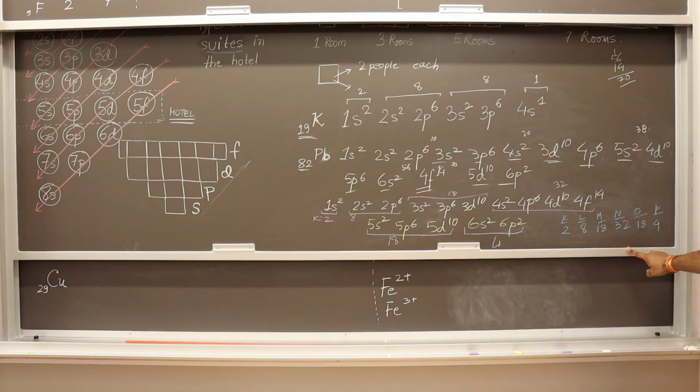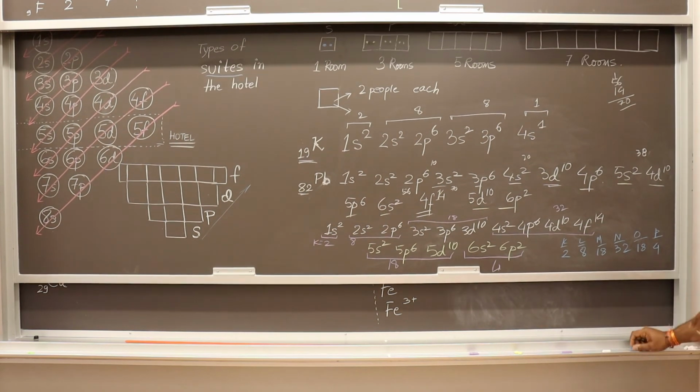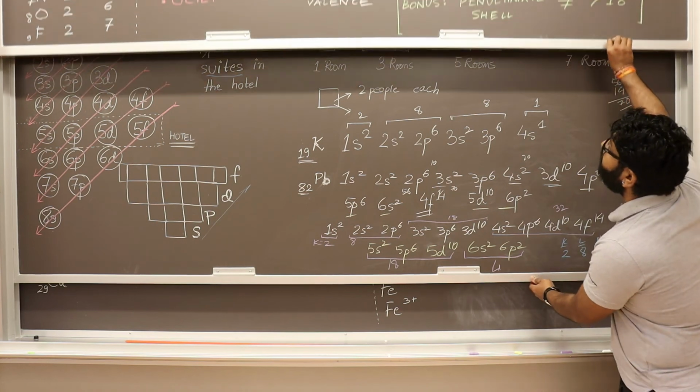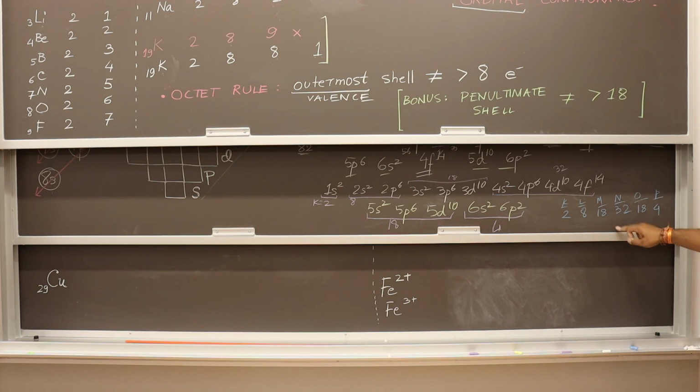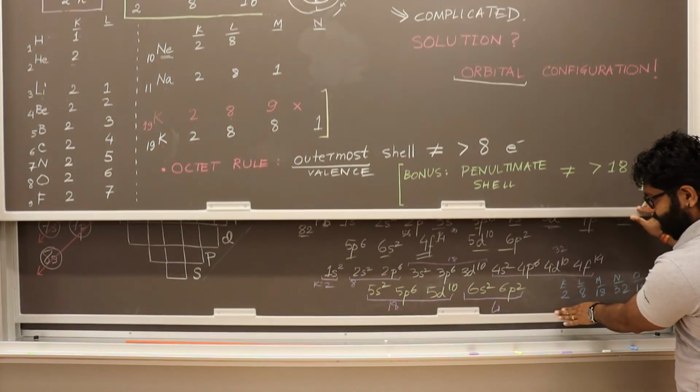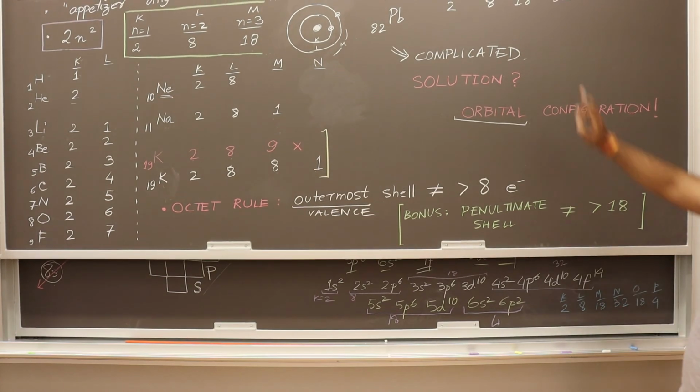Now let's match this with the electronic configuration that we saw earlier. So this is 2, 8, 18, 32, 18, 4, right?